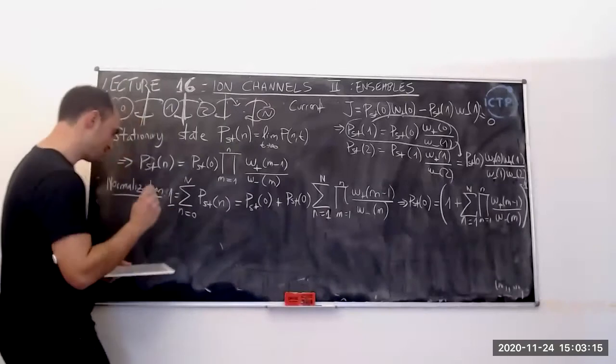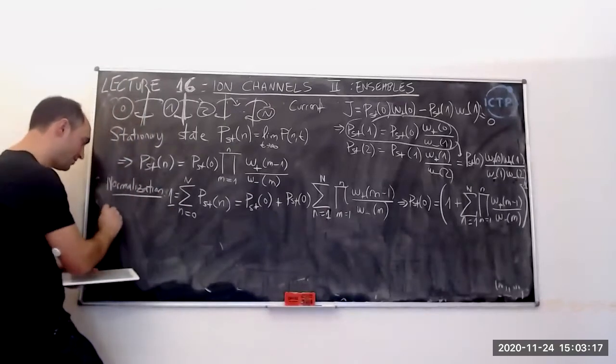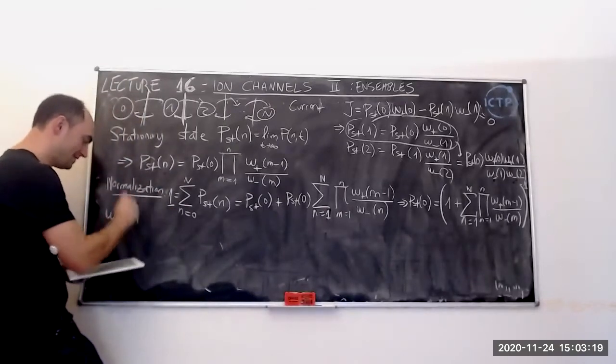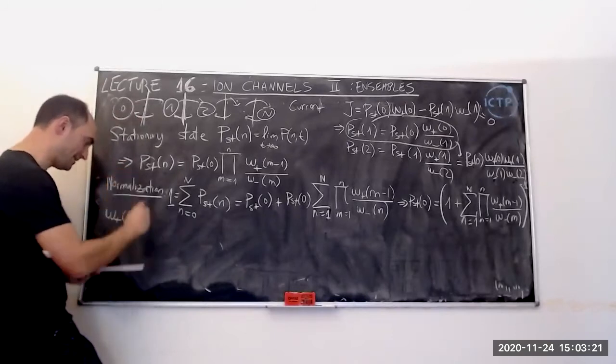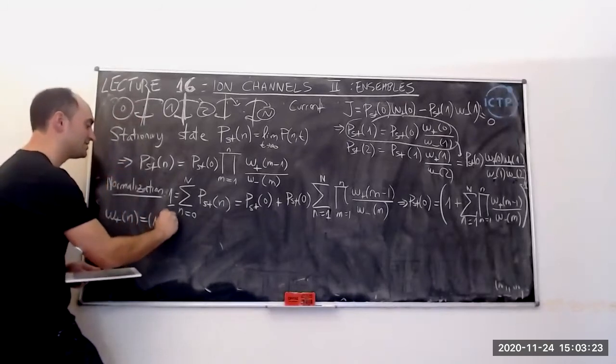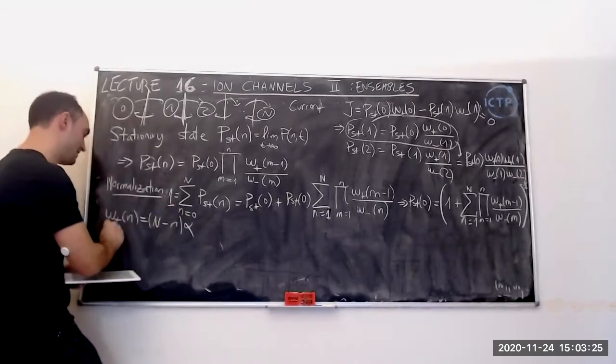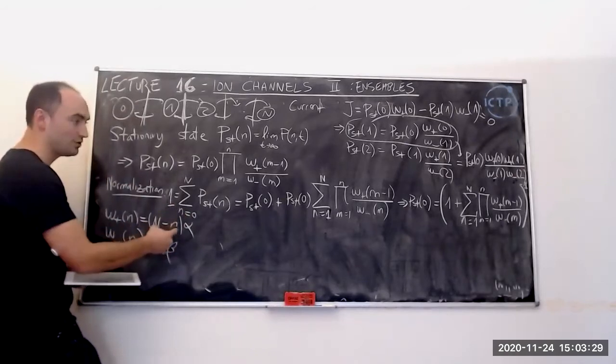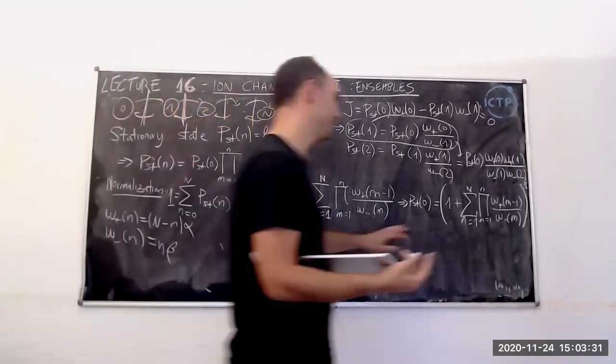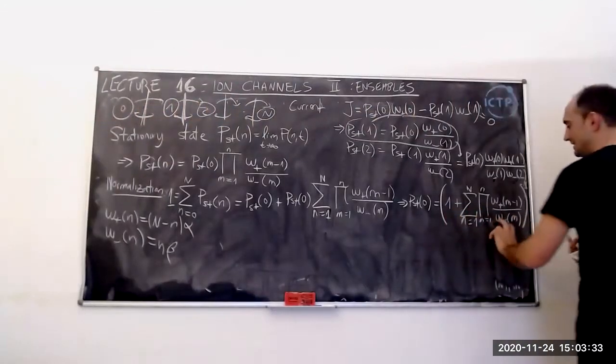So now I will say that omega plus N, as I said before, is N minus n alpha, and omega minus N is n beta. When you take this and put it here, this simplifies a lot.